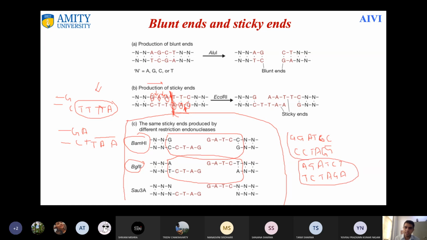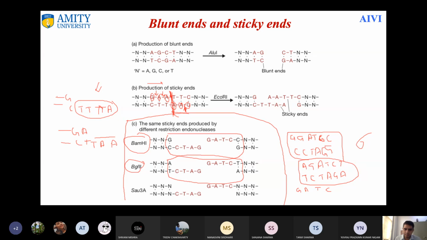The recognition sequence of both enzymes is a 6 nucleotide sequence, hexacutter, and the cut is within the recognition sequence. Now, another example is Sau3A. The Sau3A recognition sequence is GATC.